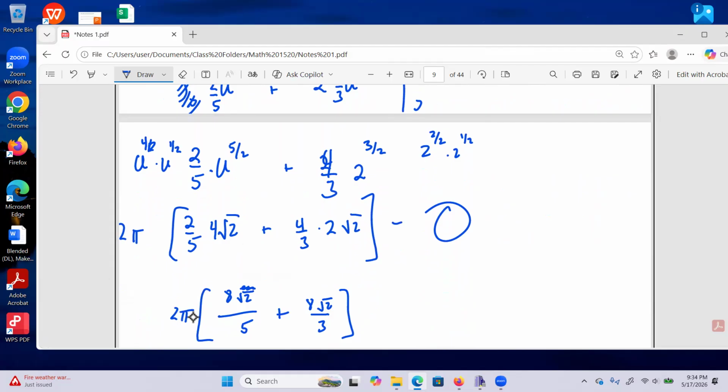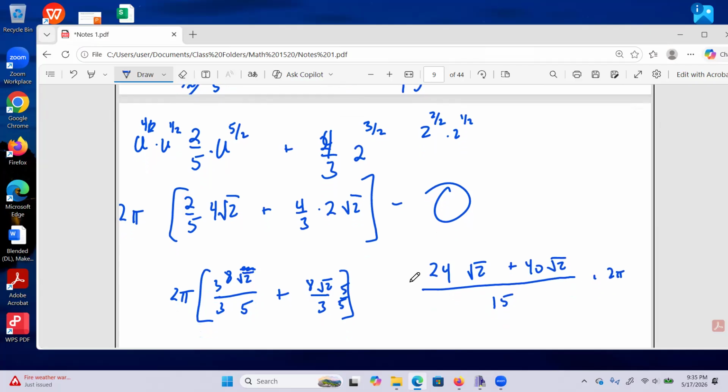You guys are allowed to use a calculator for this. That's fine. I'm going to go ahead and say we have 3 over 3. We have 5 over 5. So we have 3 times 8 is going to give us 24 square roots of 2. 5 times 8 is going to be 40 square roots of 2. This is all going to be over 15 times my 2 pi.